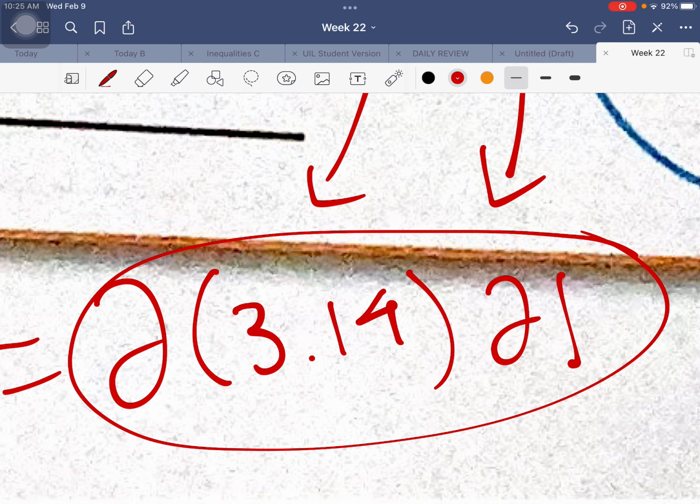You multiplied? That's what you got? Okay, let me check. You got a different answer. Let me check. If you guys do not have a calculator, let's go ahead and check it.